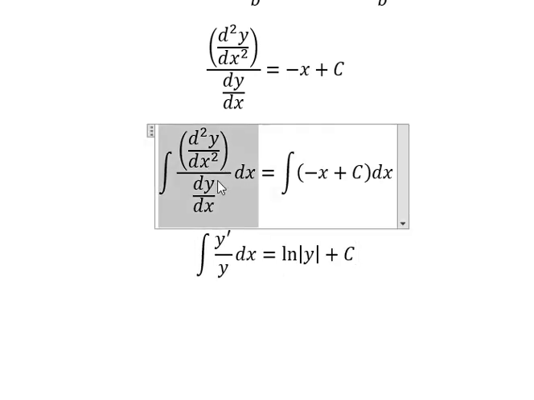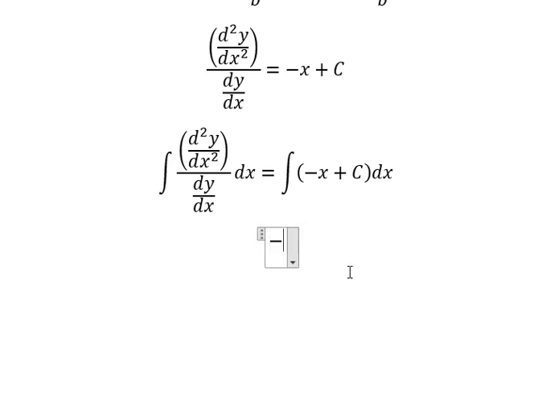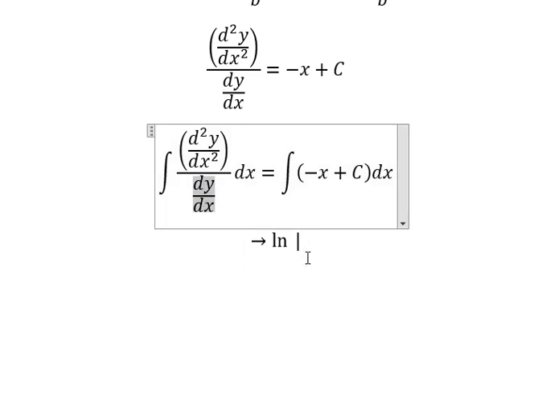So the integration of that one, we will have ln of the absolute value of dy over dx.